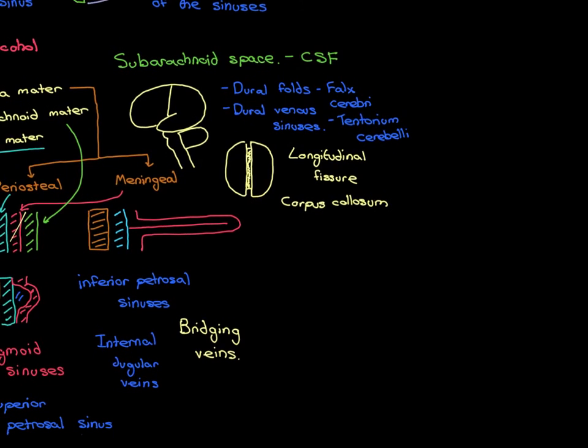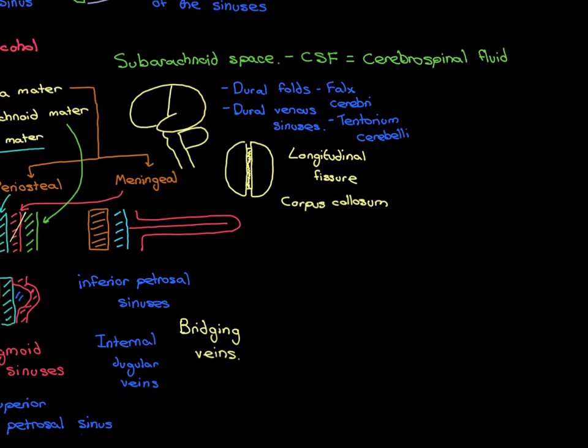And I don't think I've actually written out in full what CSF stands for, so we'll do it now. CSF stands for cerebrospinal fluid. It's the fluid that is contained within the ventricles, the lateral ventricles, the third ventricle, the fourth ventricle. It's contained in the central canal of the medulla and the spinal cord, and it's also contained in this huge great space in between the pia mater and the arachnoid mater, that is the subarachnoid space, and this cushions the whole central nervous system.